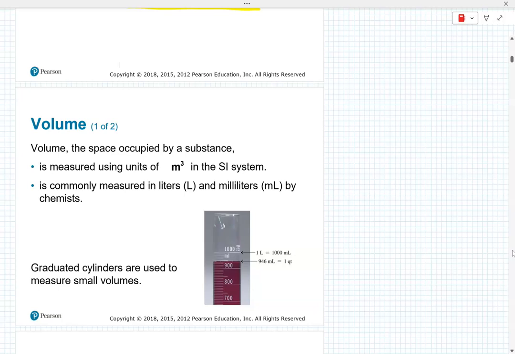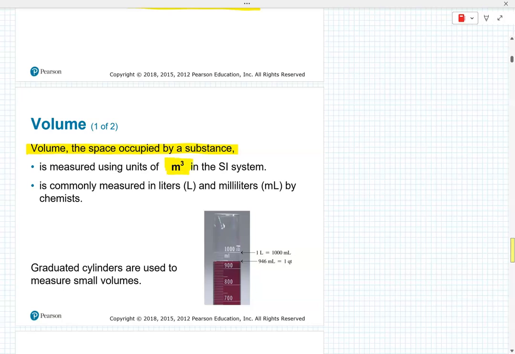Okay, perfect. So volume is the space occupied by a substance. I don't need to explain what the volume is. Let's jump straight to the units. Sounds good? Because this is one of the tricky parts. This is where students kind of start to flunk.